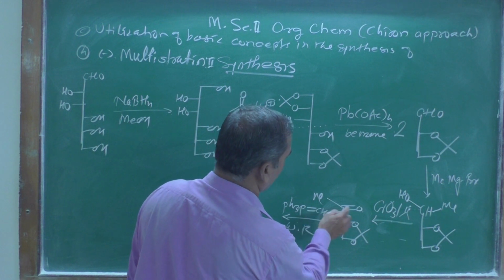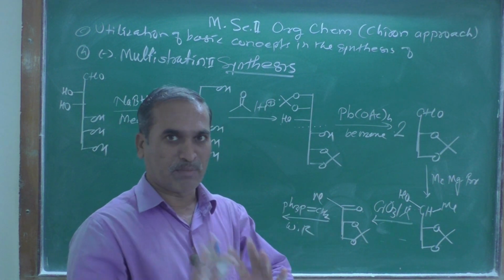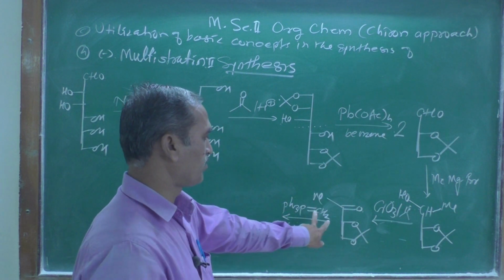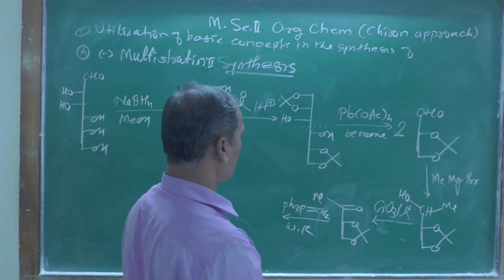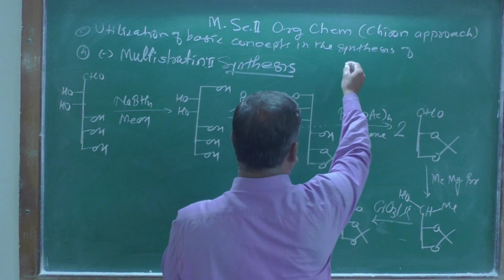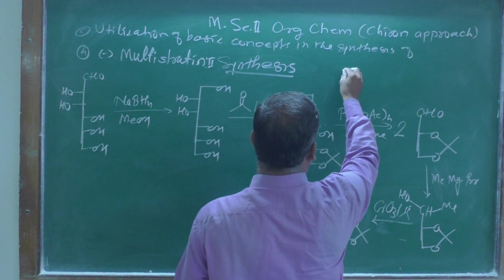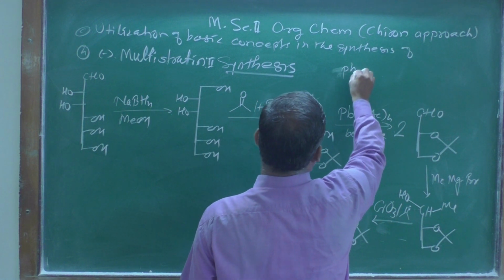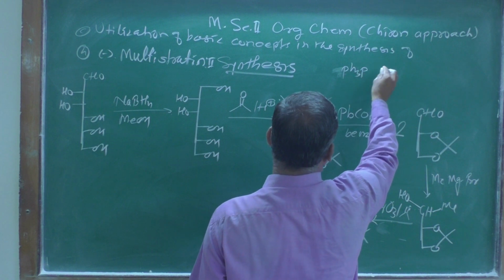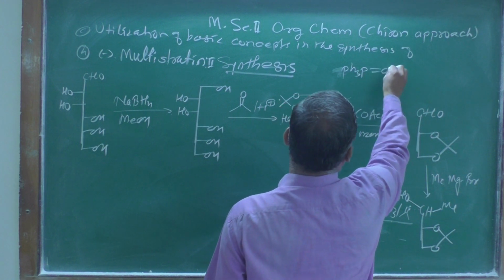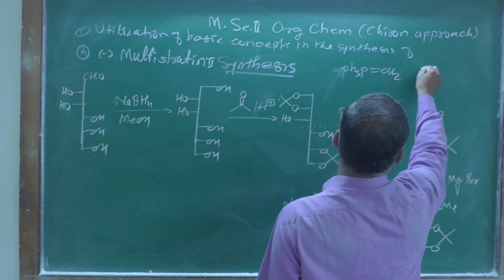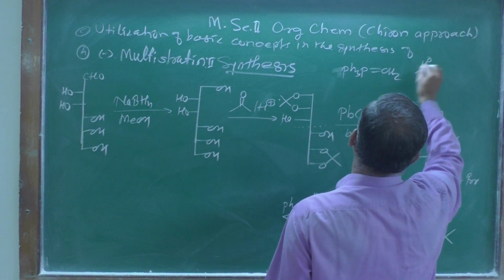This is going to attack on this, so there is a butane formation, and here the oxygen atom gets replaced by CH2. The general mechanism, suppose how we can show, Ph3P double bond CH2, right? And then with that acetone, let us see here, acetone, right?